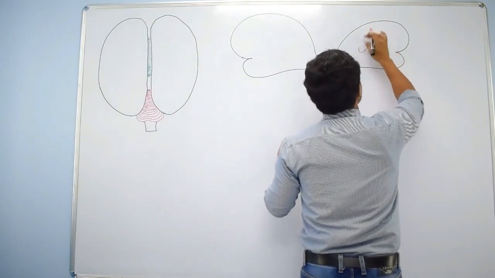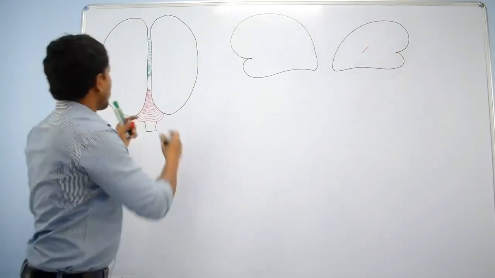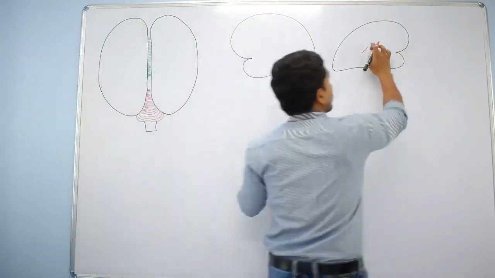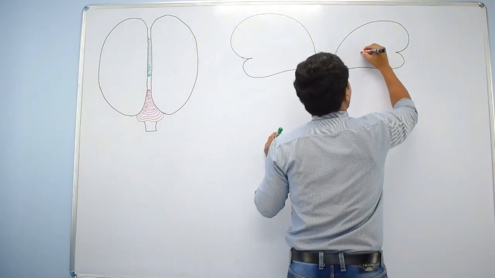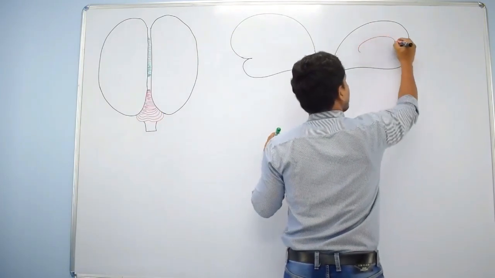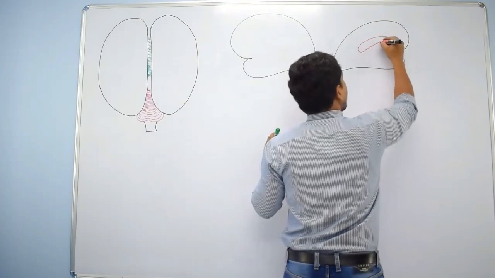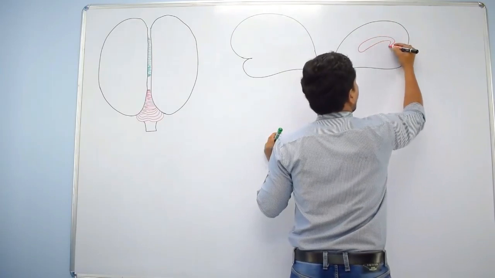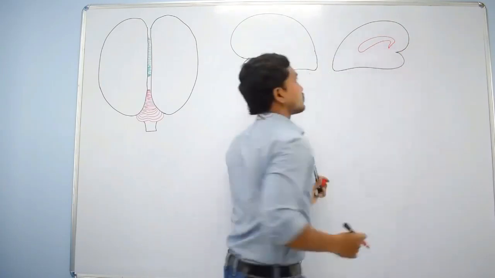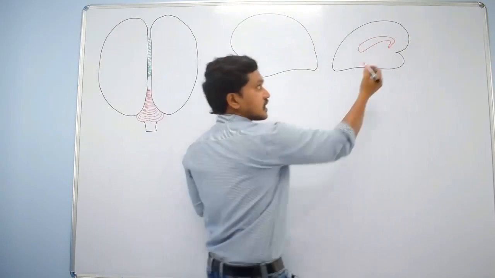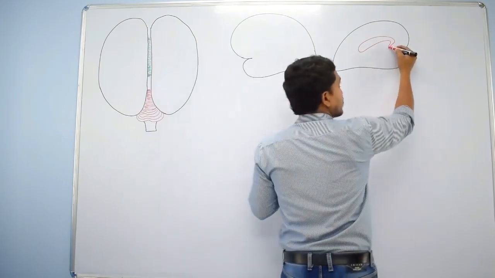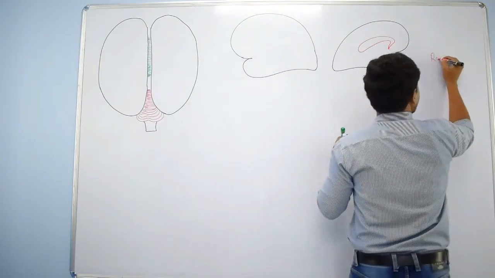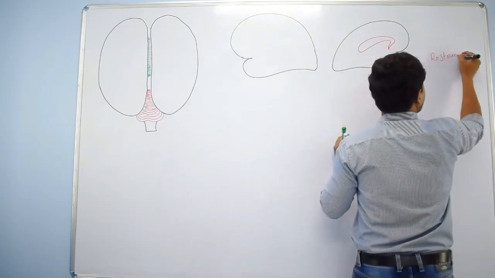What is that structure? Here we made a section along the corpus callosum. So that section we have to draw here. This is the corpus callosum. This corpus callosum has different parts. What are those parts? This anterior part we call the rostrum.